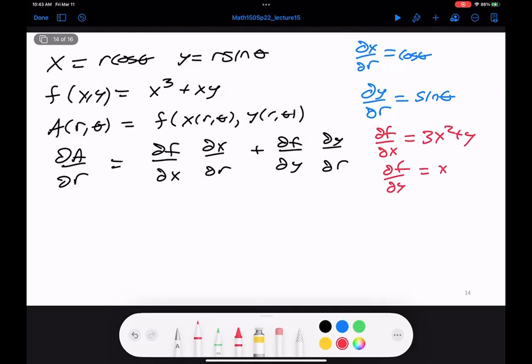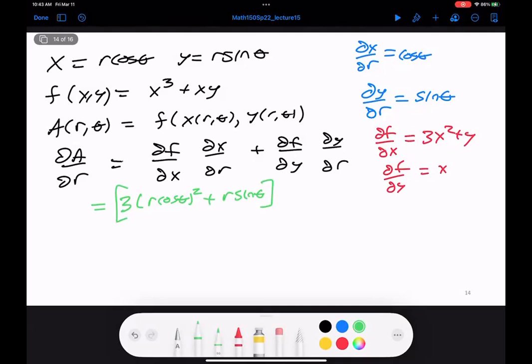So if I substitute, df dx is going to be 3x squared, but x is r cosine theta, plus y, which is r sine theta, right? That's my df dx. Does everyone agree that that's df dx?